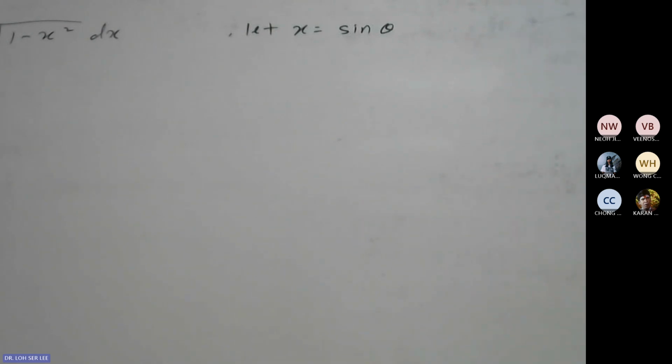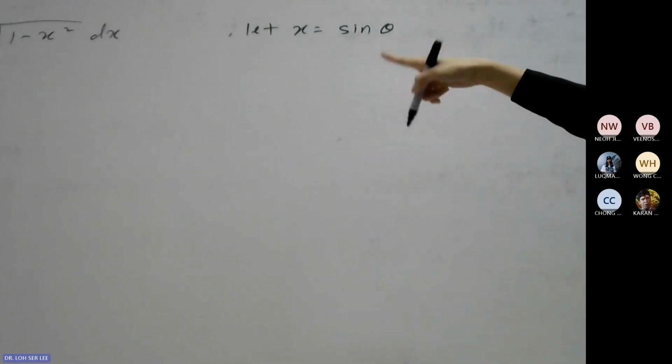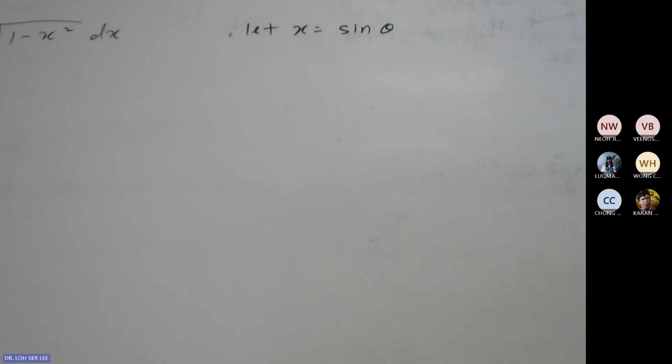Start to substitute x into theta. Here we need x squared, so square both sides before you substitute into that function and find the dx. You need to try in order to understand the flow of this kind of question.